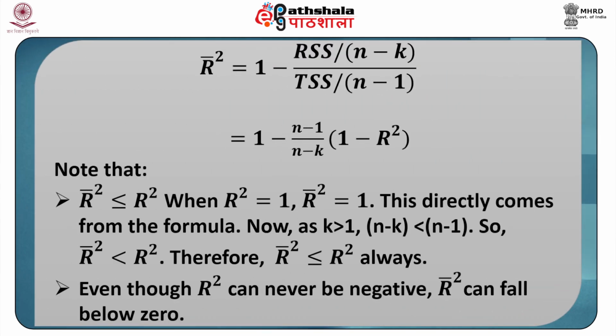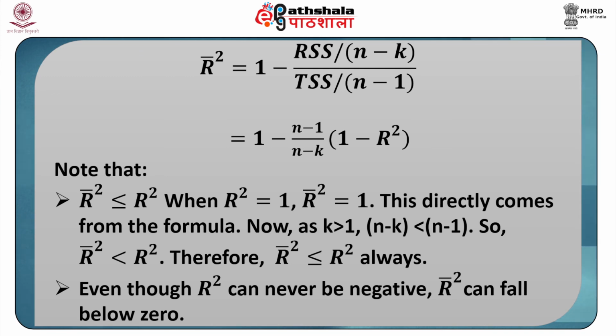The formula for calculation of R bar square or adjusted R square is as follows. This is denoted as R square with a bar, so we call it R bar square, and is equal to 1 minus residual sum of squares divided by degrees of freedom n minus k, upon the total sum of squares TSS divided by degrees of freedom n minus 1.